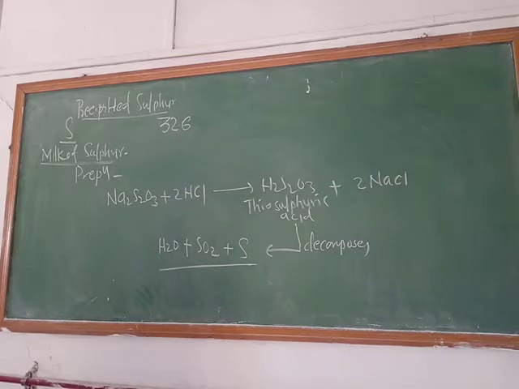But this precipitated sulfur is included in the list of reagents and solutions. So there is no specific standard prescribed in the latest edition, but as per IP 1966, it contains not less than 98% and not more than 100.5% weight by weight.